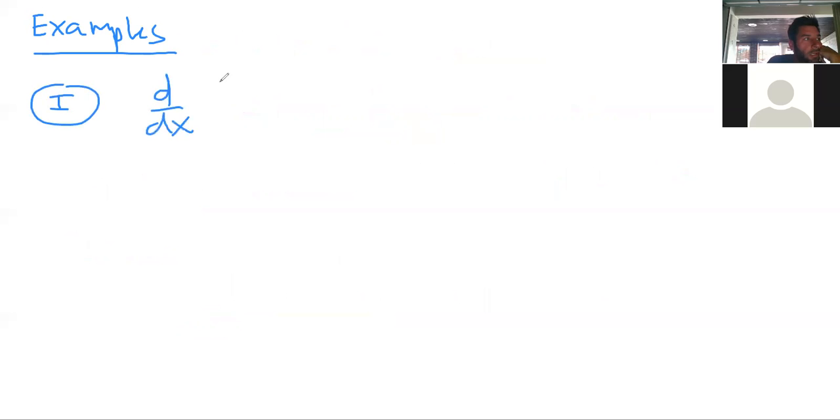So suppose we have this derivative. We want to compute 3x to the fifth e to the x. So I look at this and I say to myself, okay, I need to diagnose what's the situation. What kind of function am I trying to differentiate? Is it a polynomial?